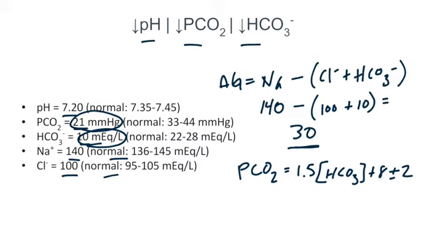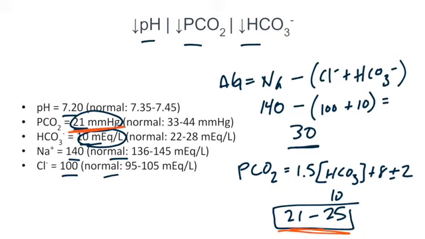In this case, we plug in bicarb, which would be 1.5 times 10, which equals 15, plus 8, which equals 23, plus or minus 2, which gives us a range of 21 to 25. So given this patient's bicarb, we'd expect the PCO2 to be between 21 and 25. This patient's PCO2 is 21, which is within our predicted range. So the lungs are compensating adequately.